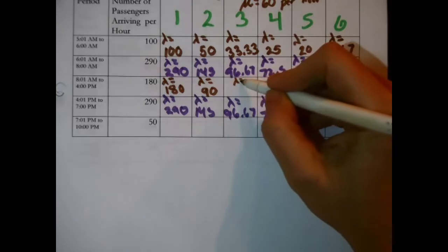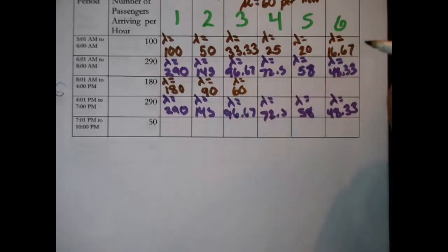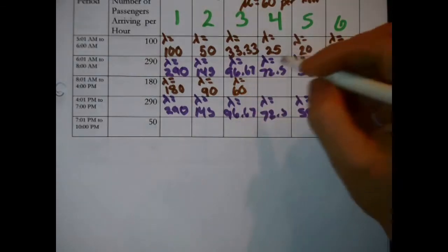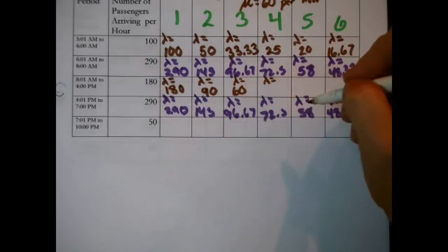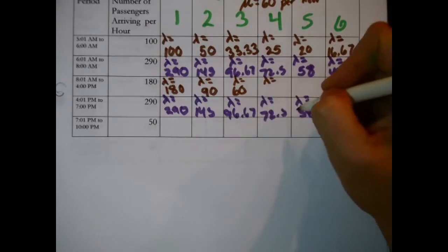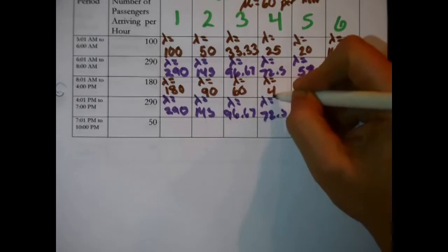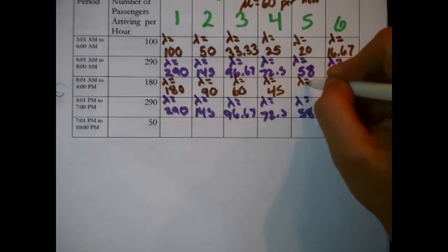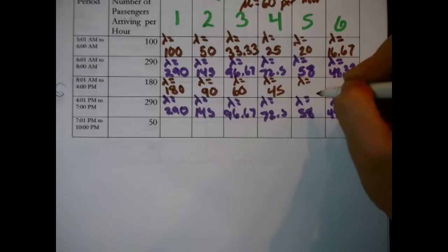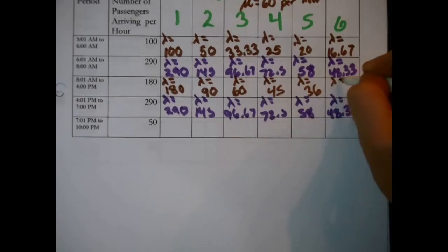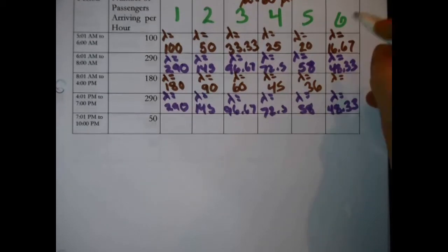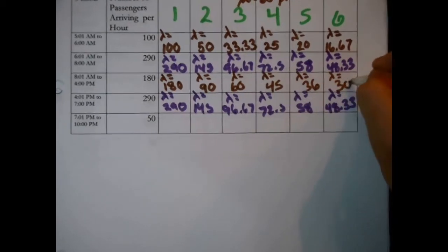If you have 3 lanes open, 180 divided by 3, an average of 60 passengers per lane. With 4 lanes, 180 divided by 4, I get 45. Then 180 divided by 5, if there were 5 lanes, would be 36. And finally, if there were 6 lanes open, that would be an average of 30 passengers an hour at each lane.